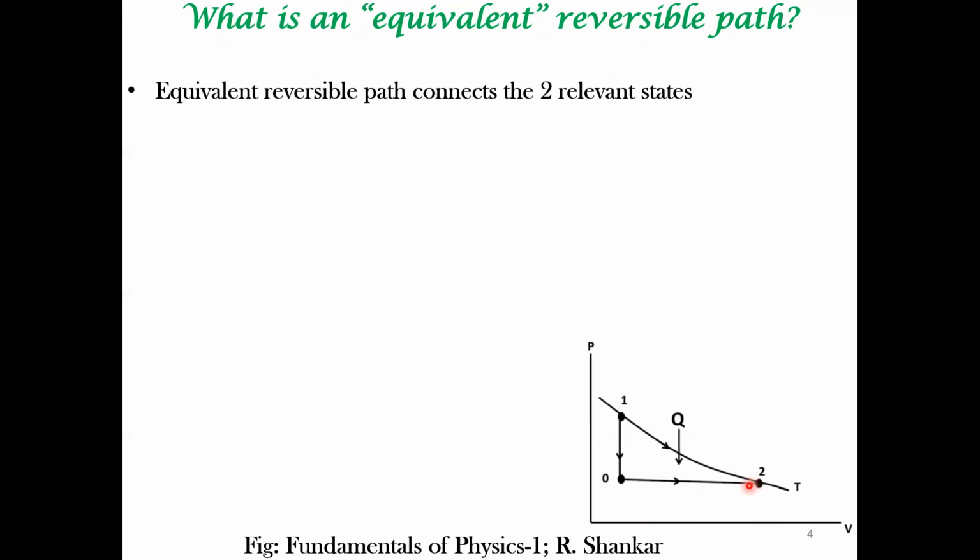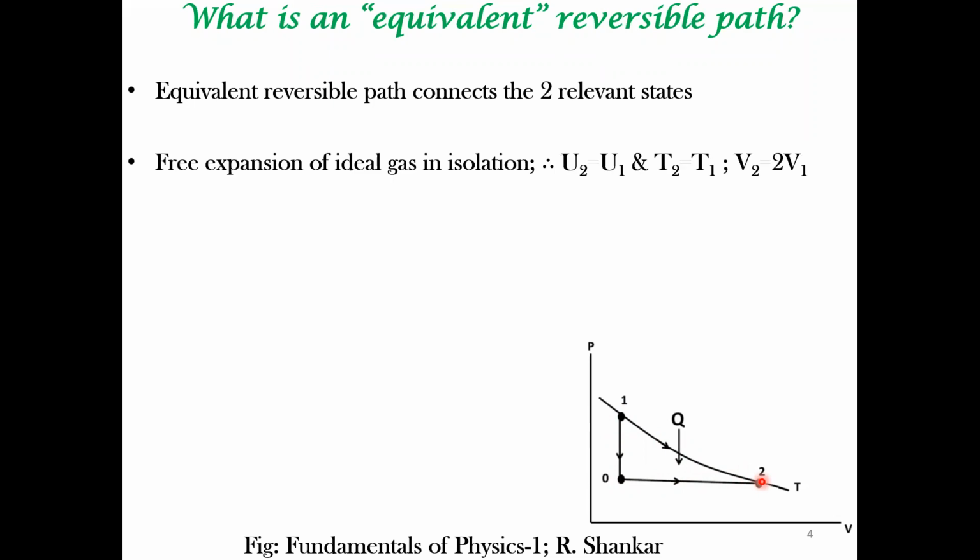To compute entropy, we have to identify an easily computable path. This is one such path, but we will see which path facilitates computation of entropy. So we are going to choose a path like this. First we decrease the pressure, keeping the volume the same, and then we take this path.